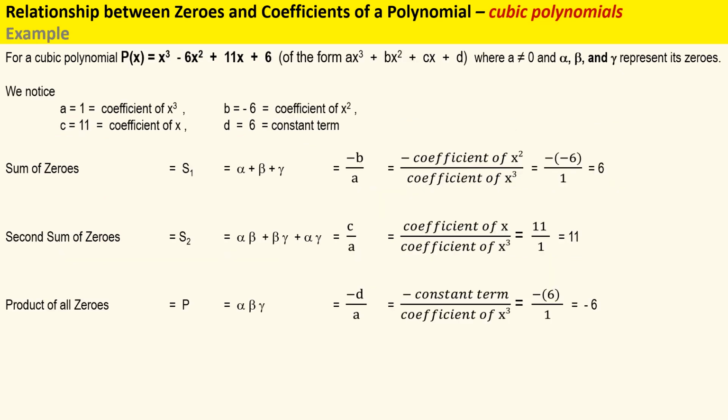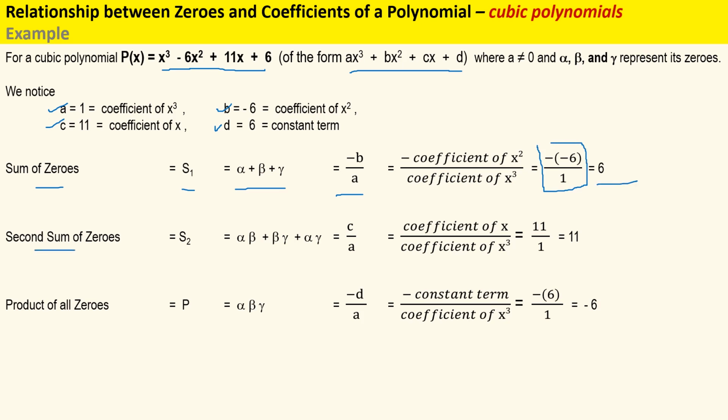Let's see an example, which is x cubed minus 6x squared plus 11x plus 6. This is of the form ax cubed plus bx squared plus cx plus d. Here a is equal to 1, b is equal to minus 6, c is equal to 11, and d is equal to 6, which gives us the first sum of zeros, S1, alpha plus beta plus gamma, equal to minus b by a, which is minus of minus 6 divided by 1, so we get 6.